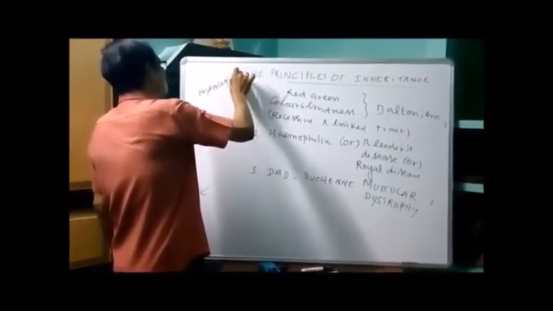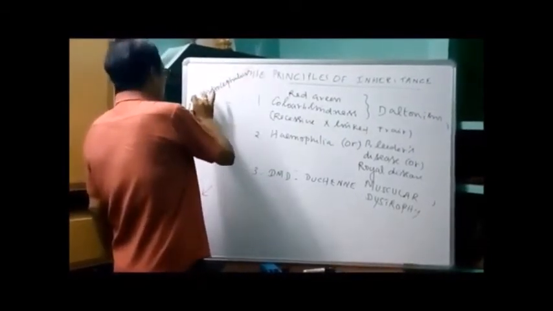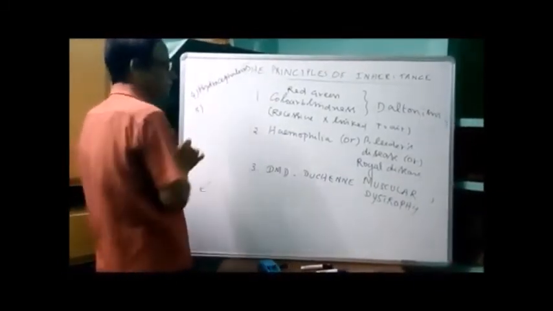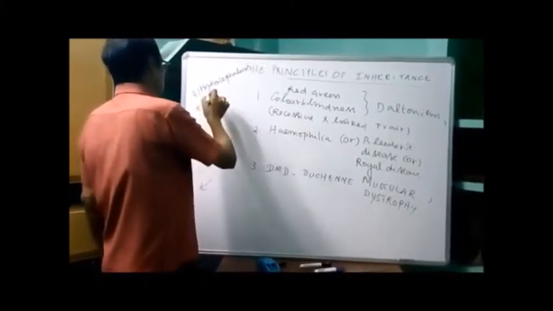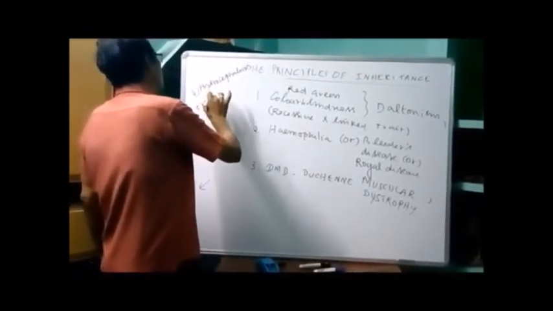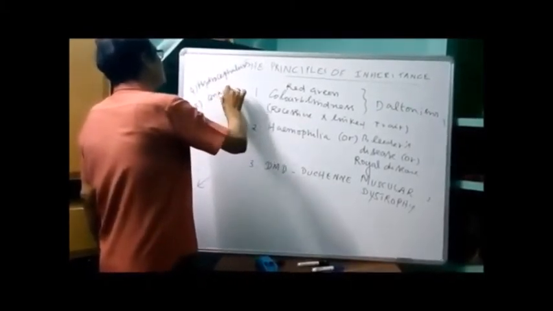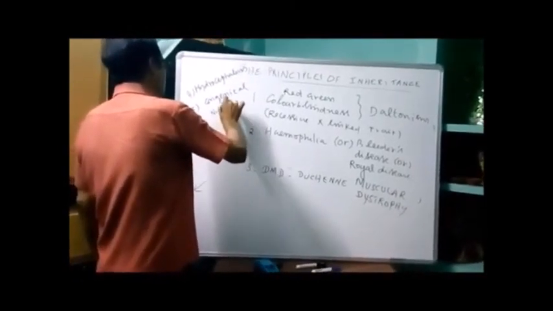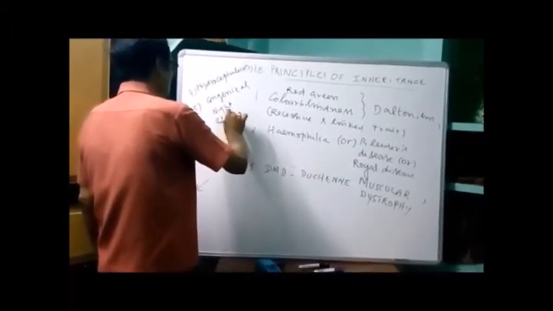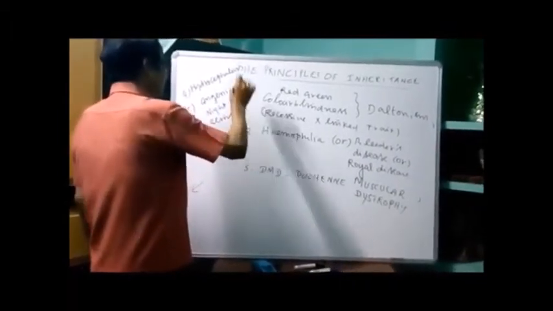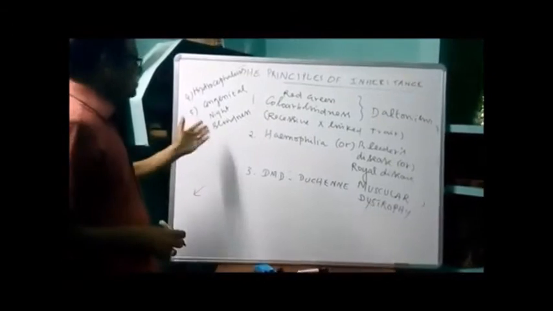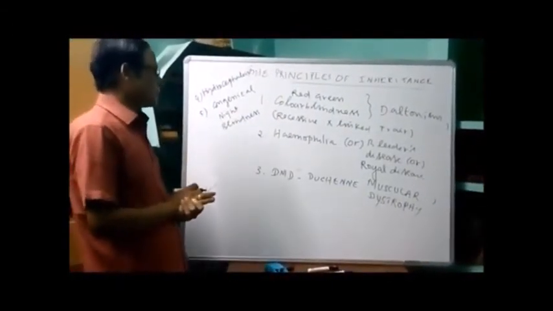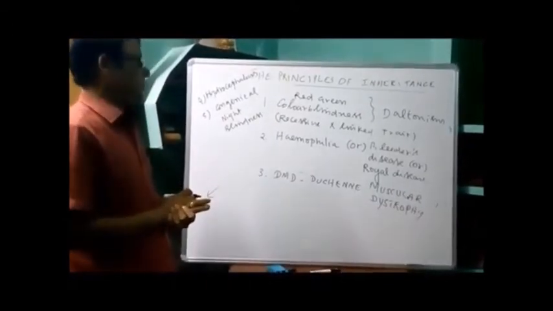The fourth one is not in the syllabus, but from the entrance point of view, the next one is congenital night blindness. So these are some of the examples. But in our syllabus, we have only red-green color blindness, hemophilia, or DMD.